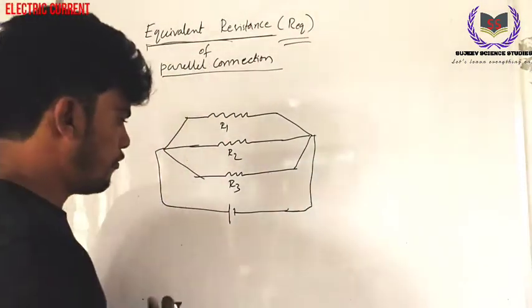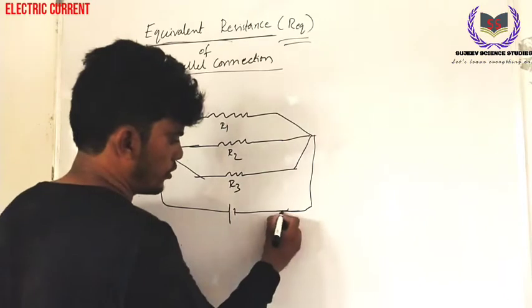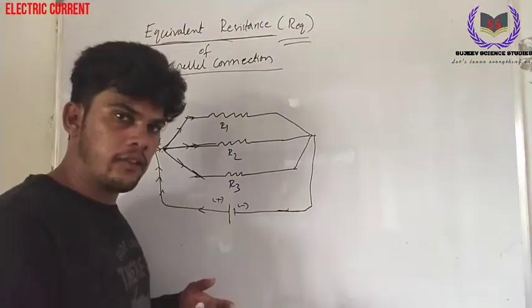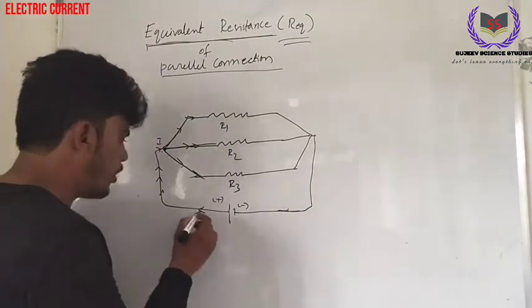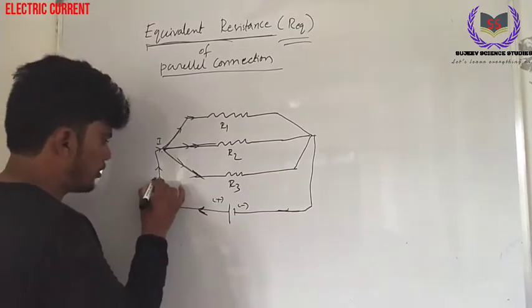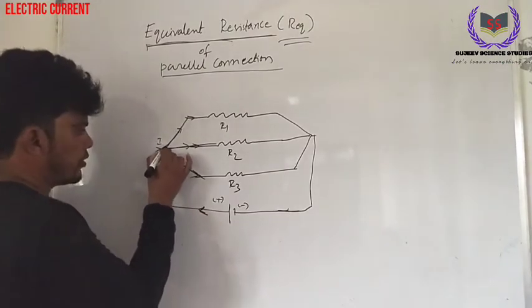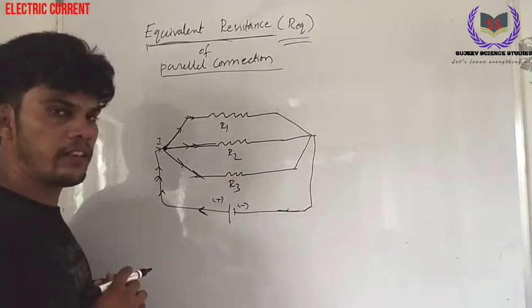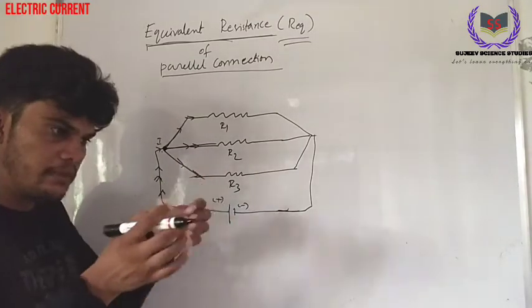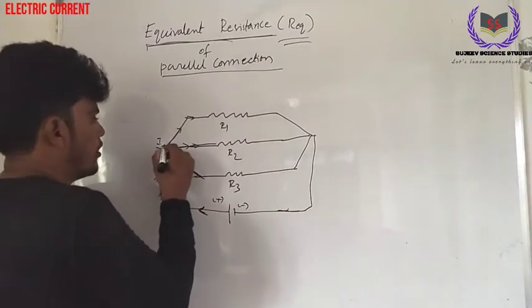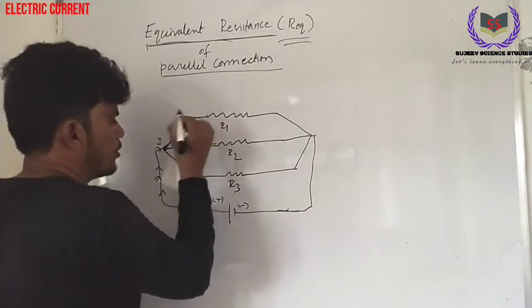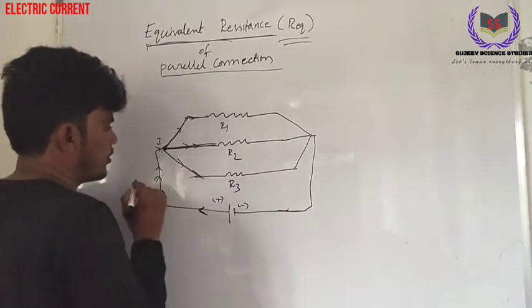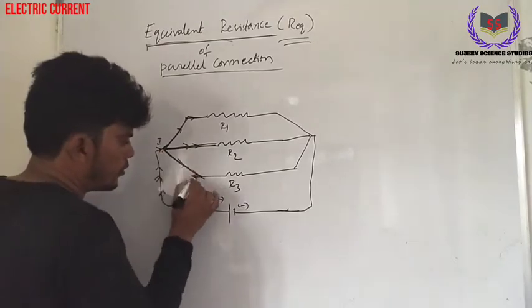Look at here. When I switch on, when I close the circuit, what will happen? The flow of electricity starts through the circuit and reaches this junction. When the current I reaches this junction, it divides, it branches. Some of the current flows through this route and the remaining through the other routes. One is through R1, another through R2, another through R3.